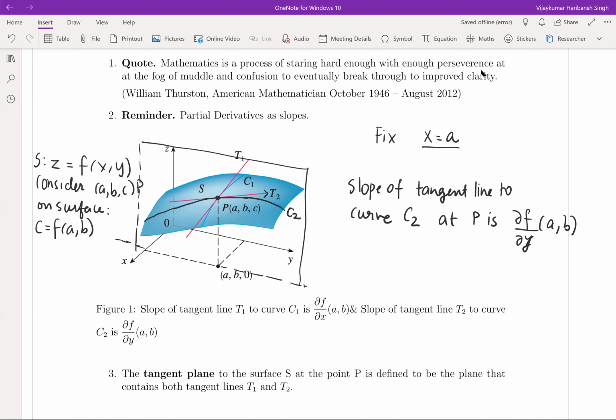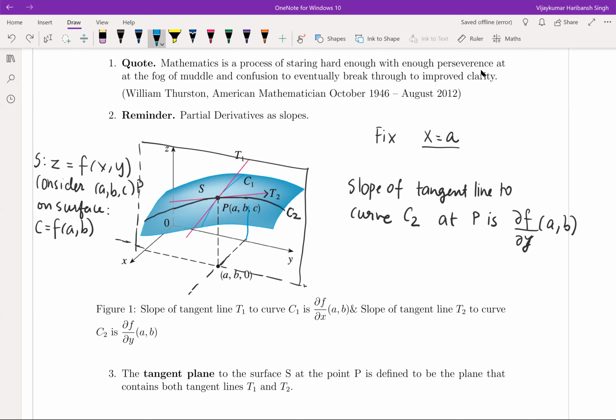A similar argument tells us that if you fix y equals b, then you get a curve. Let's use a different color pen to signify that. You get a curve C1, and the tangent to that curve C1 is T1, and the slope of T1 is the partial derivative of f with respect to x.